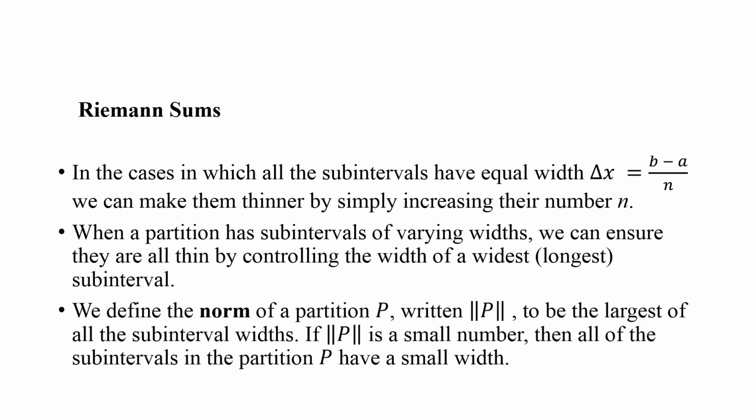And we define the norm of a partition P, written as norm P, to be the largest of all the subinterval widths. If norm P is a small number, then all of the subintervals in the partition P have small width. So we have to just control the norm of P.